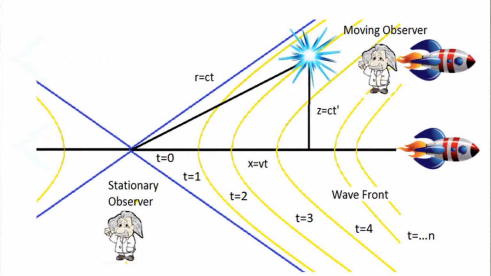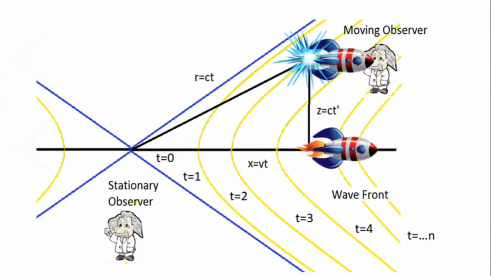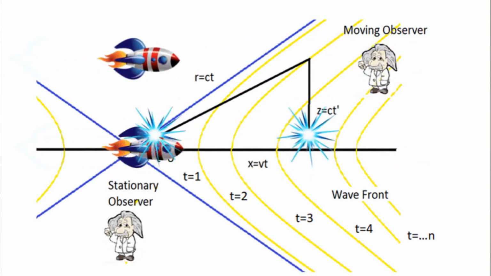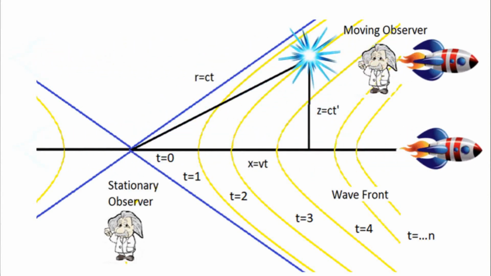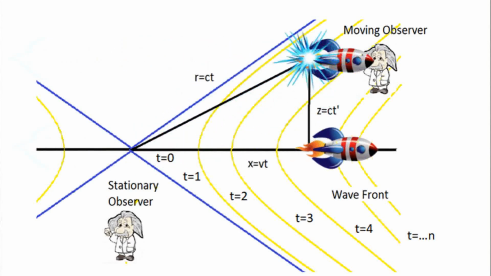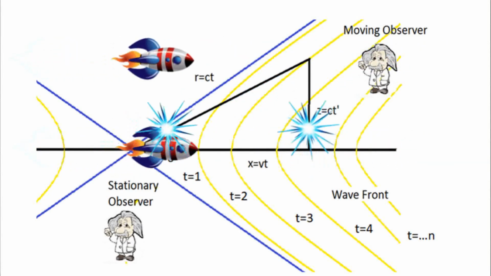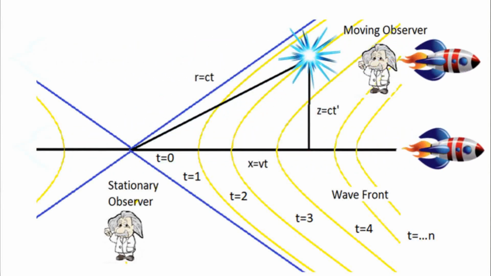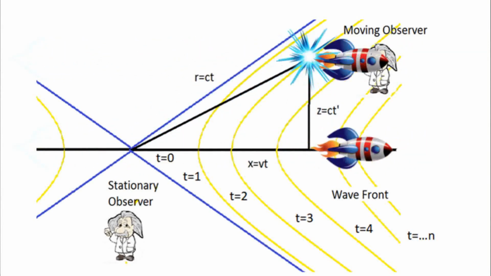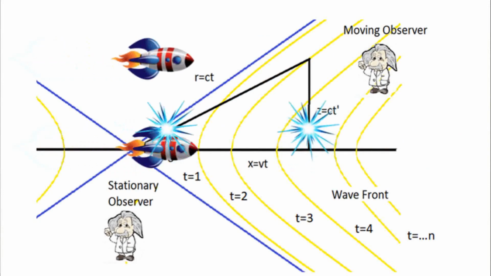One light pulse is how a moving observer would see it transmitted from one spacecraft to the other, whereas the stationary observer will see a diagonal track of the light pulse. Once again, I'll play it one more time here. There's the spacecraft, they go zooming by, and the light pulses meet together.